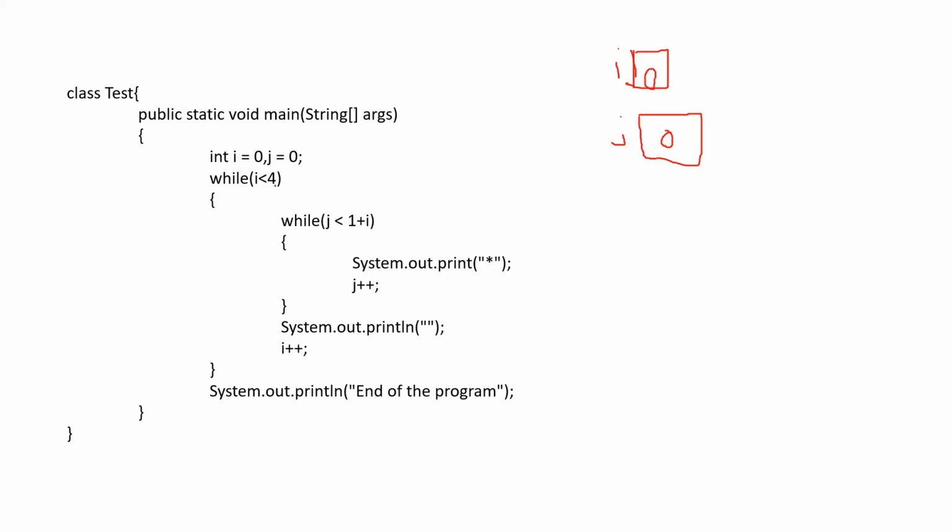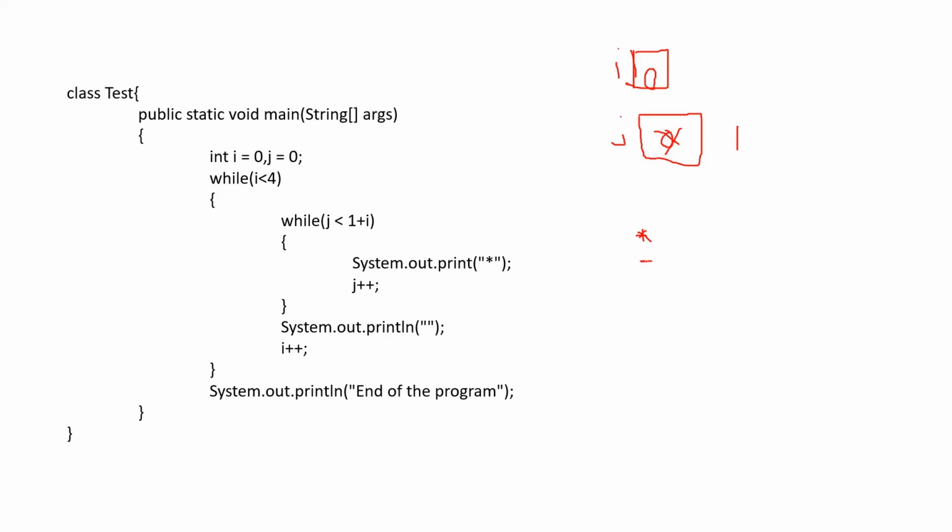Now i less than 4: the value of i is 0, 0 less than 4, true, go inside. Then the value of j is 0, 0 less than 1 plus i, 1 plus 0, 0 less than 1, yes, true, so the star will be printed. Then we have j plus plus, the value of j will be incremented, it will become 1. Then 1 less than 1 is false, so we will come out of the loop.